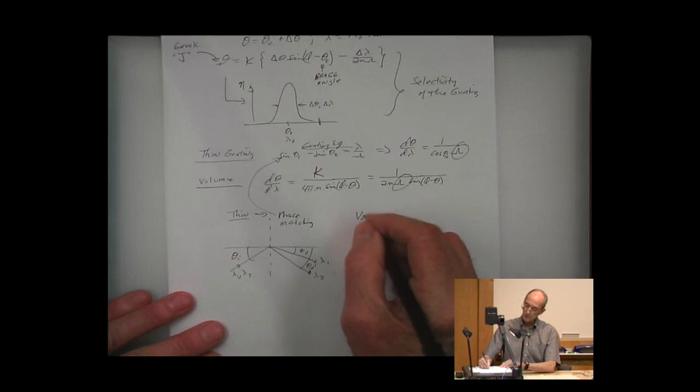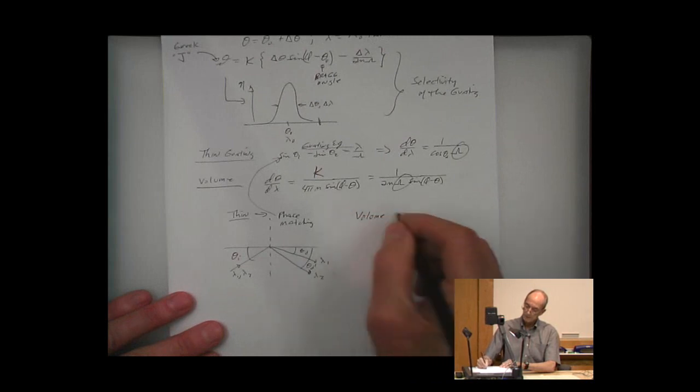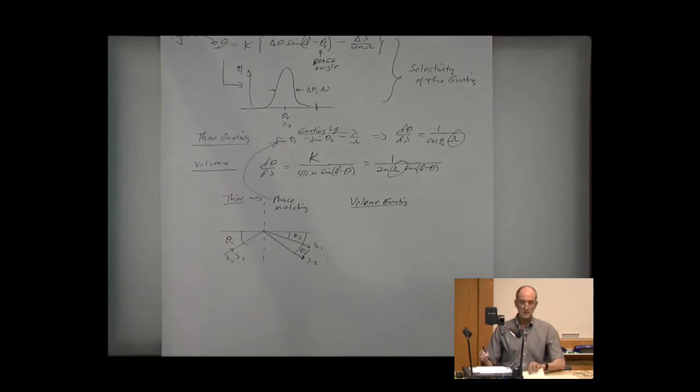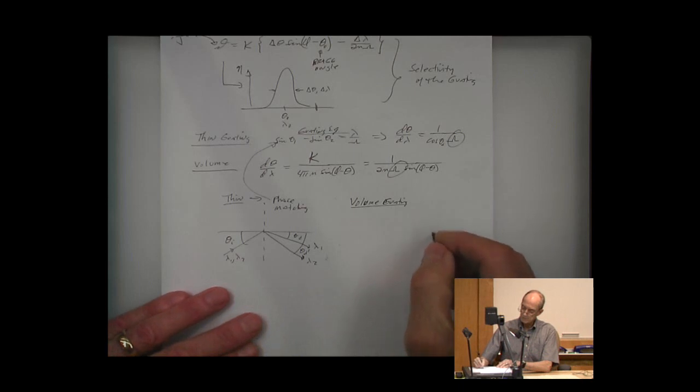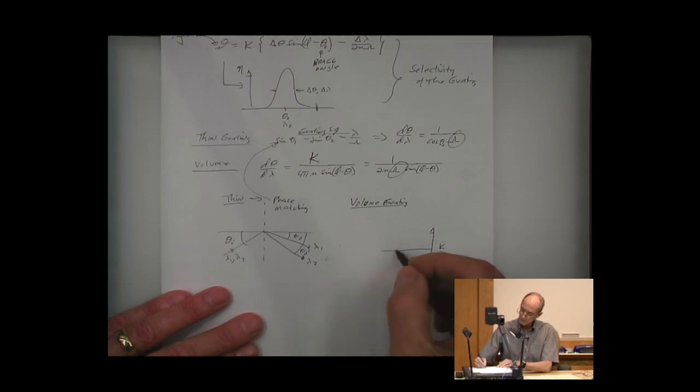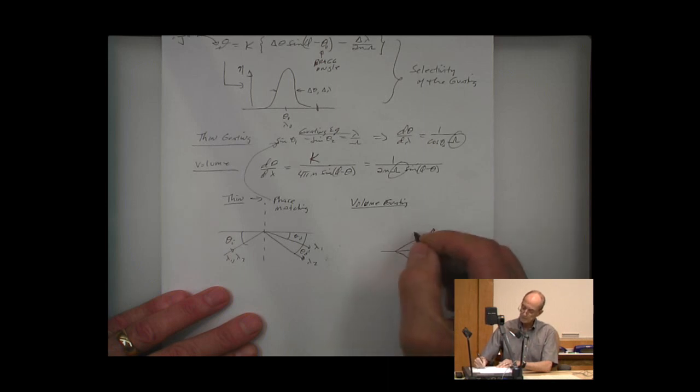For the volume grating, what we're really talking about is the Bragg condition. That's how we derived it. And what does that Bragg condition represent? Here we have K, the grating vector, and for instance, one set of matching propagation vectors here, k1 and k2, with theta 1 for the angles.